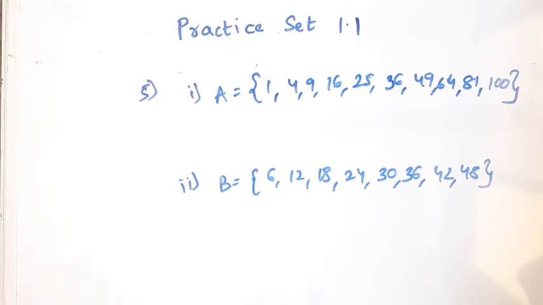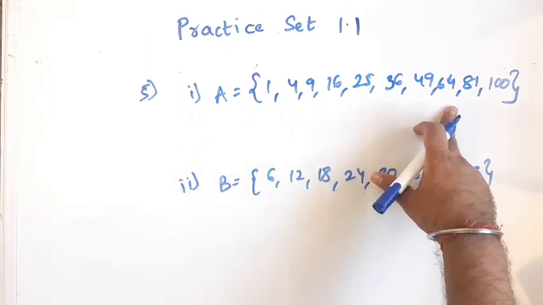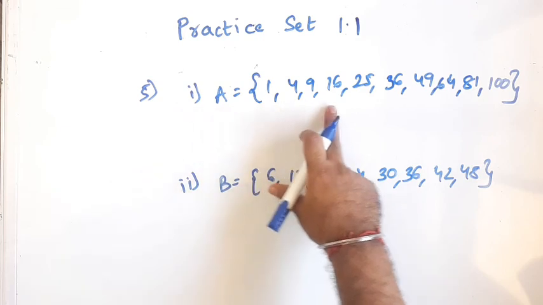Then okay, so fifth one, we have to write the sets in listing form. Okay, now the numbers given here, if you see their pattern, they are actually perfect squares.